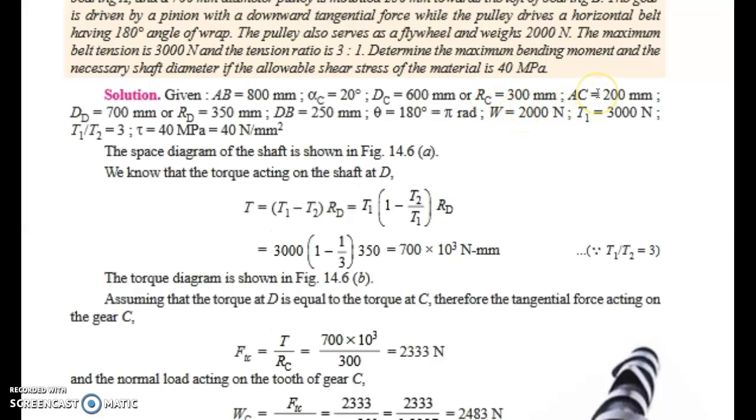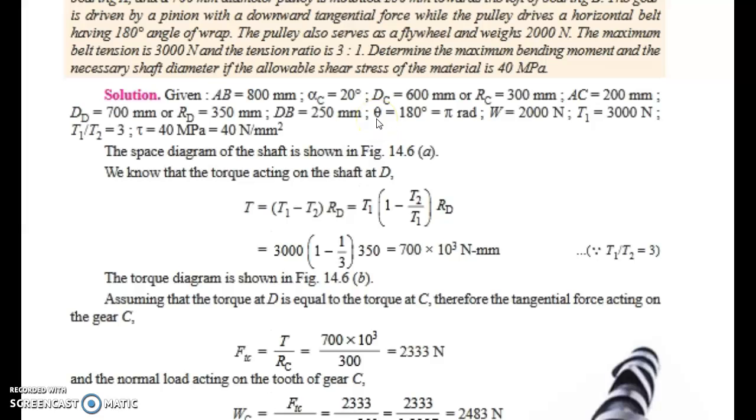Then AC, the distance between the left-hand bearing and the gear, is 200 mm. Then the diameter of the pulley is given, that is equal to 700 mm. Then the distance between the pulley and the right side bearing is equal to 250 mm.